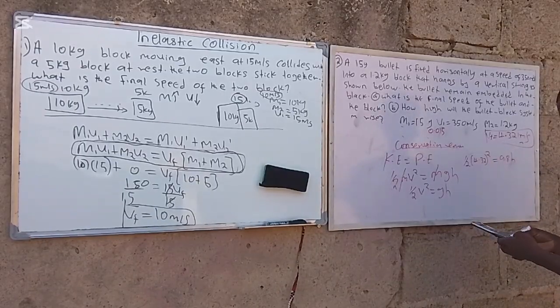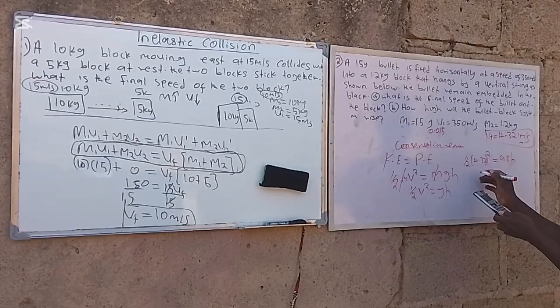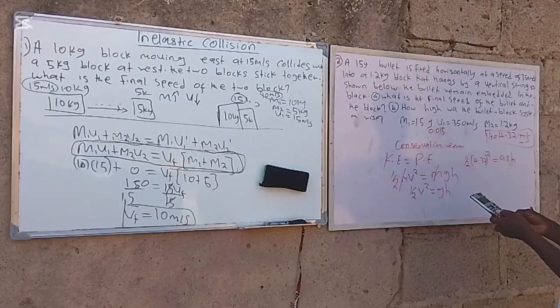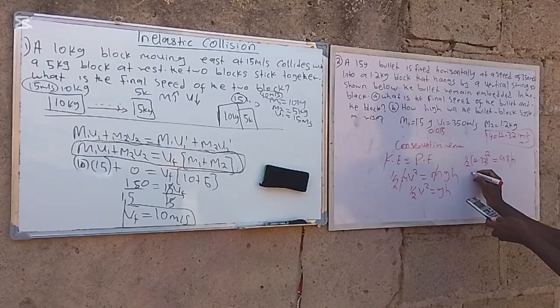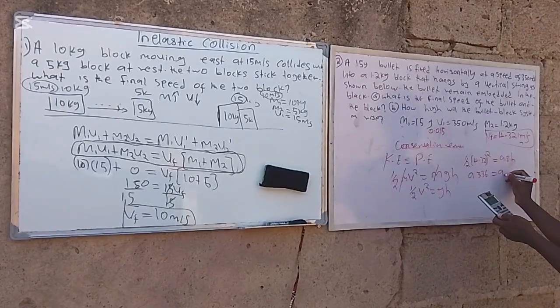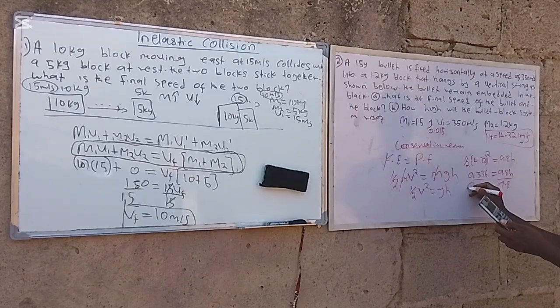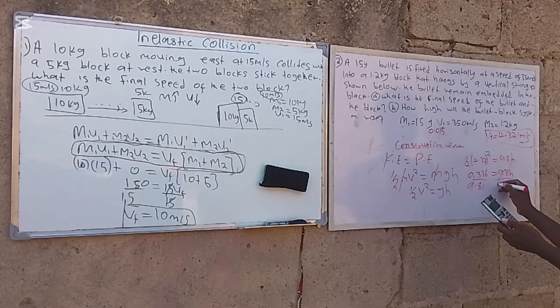So if I say 4.321 squared, and then I have to divide by 2, this should now be 9.336. It is equal to 9.8 height. So I divide both sides by 9.81.